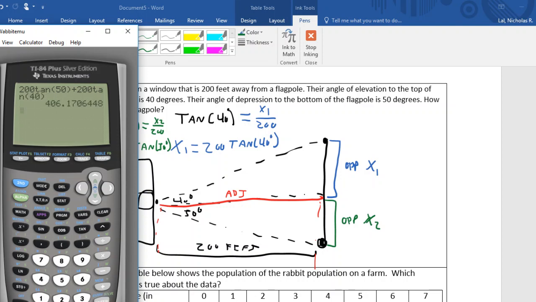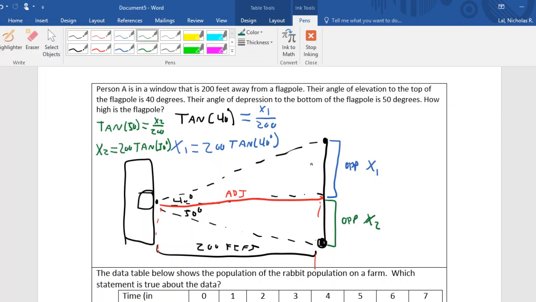And this will indicate that the height of the flagpole is 406.17 feet. The height of the flagpole is 406.17 feet.